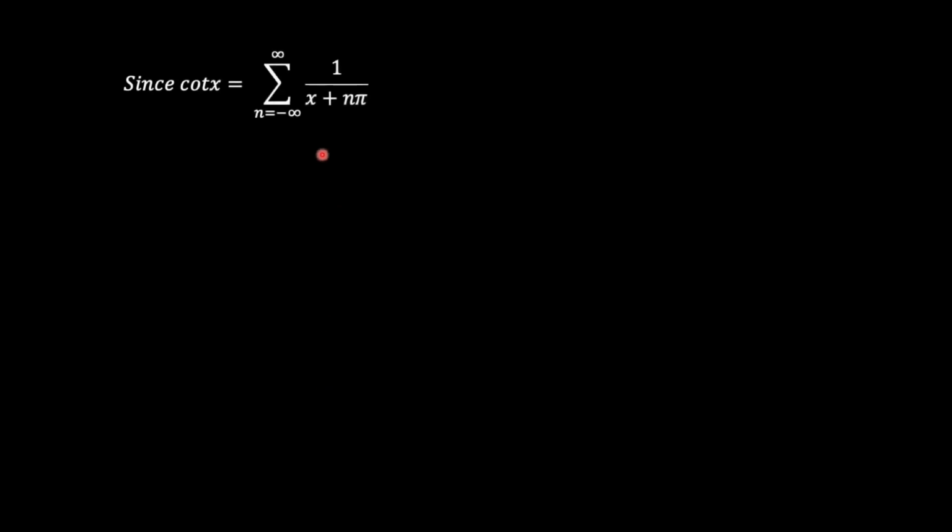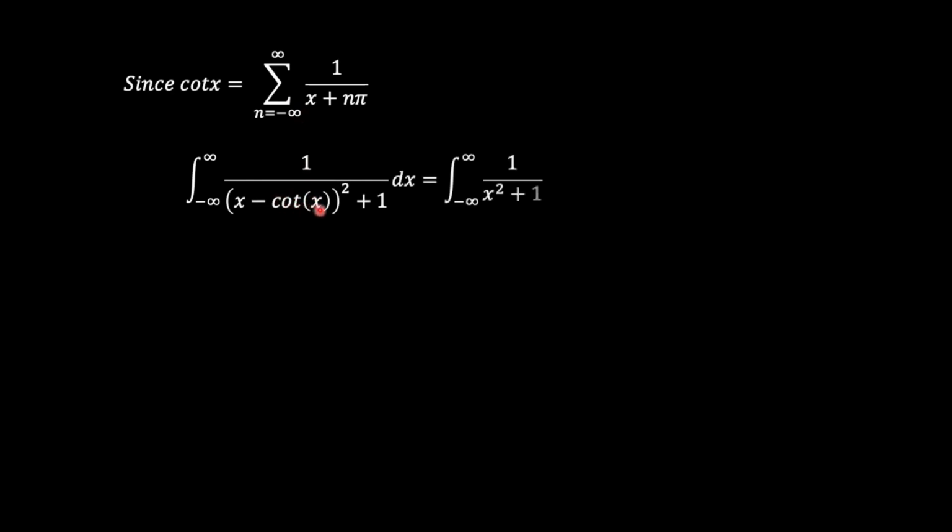Now we know cotangent can be expressed as a series form, really to satisfy what Glasser's Master Theorem is talking about. So essentially, what that means is the integral of 1 over x minus cot x squared plus 1 from minus infinity to positive infinity is the same as the integral from minus infinity to infinity of 1 over x squared plus 1.